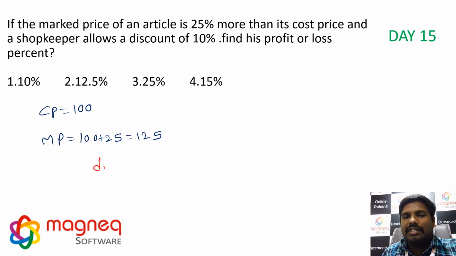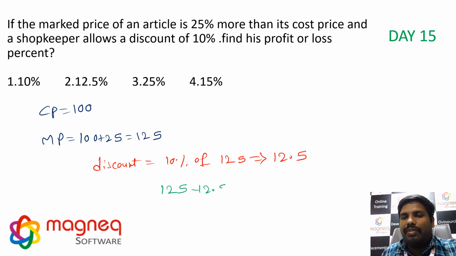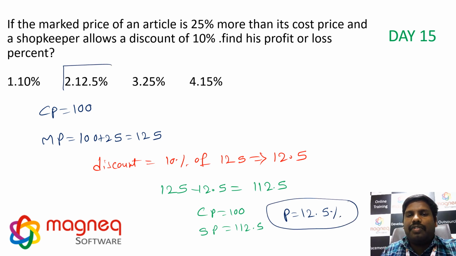So discount is 10 percentage of 125, which means 12.5. 125 minus 12.5 is 112.5. So cost price 100 and final selling price 112.5 means profit 12.5 percentage.